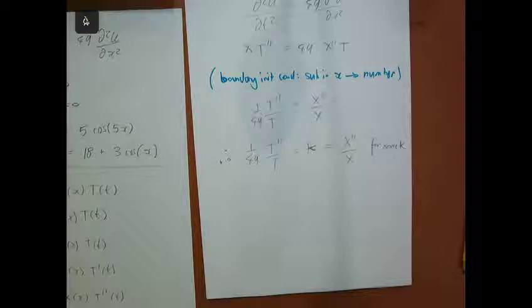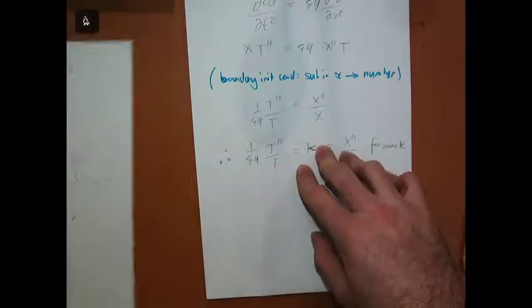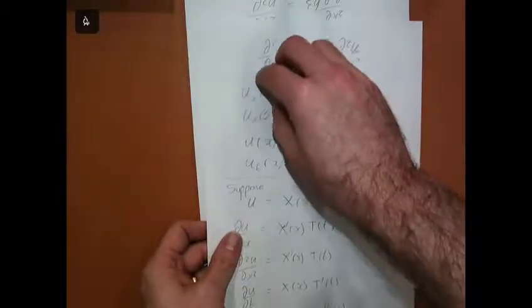Okay, so I need to figure out which k's make that work. Only some k's are going to work. Now there are, in fact, every possible k, infinitely many real number k's will make this work, but only some of them will match my initial conditions here.